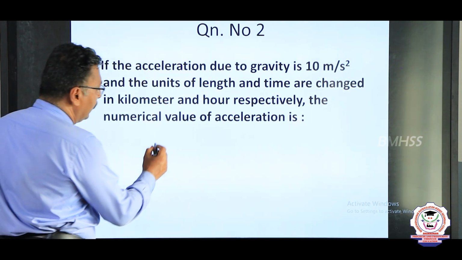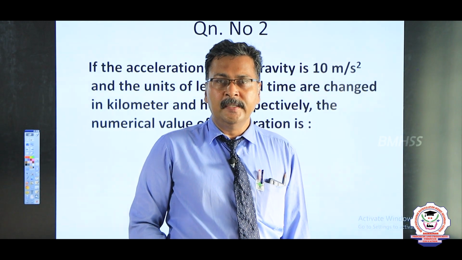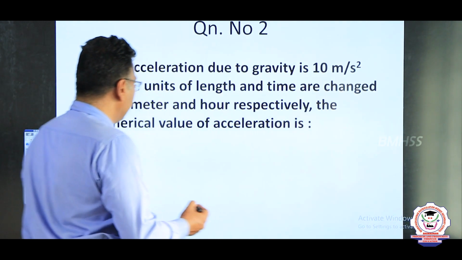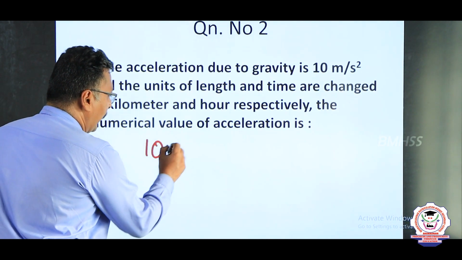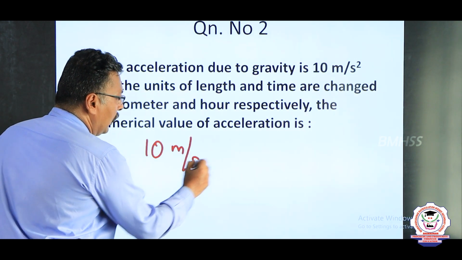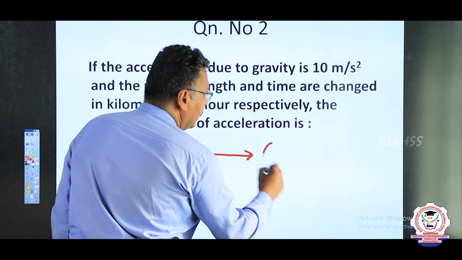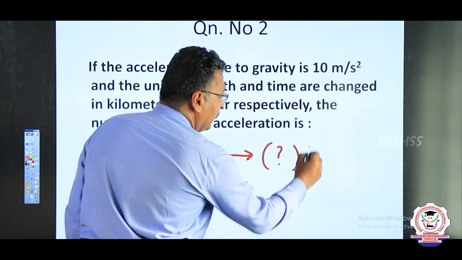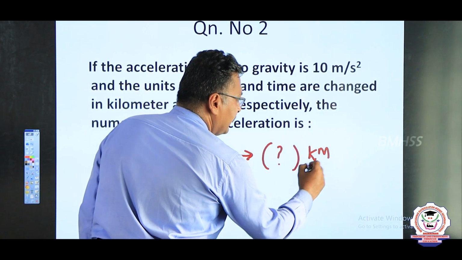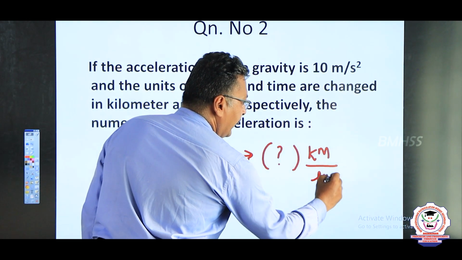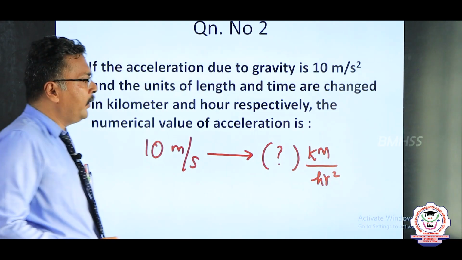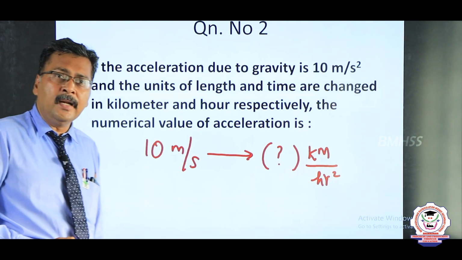So we have acceleration g is equal to 10 meters per second square. How many kilometers per hour square is this? This is the question.